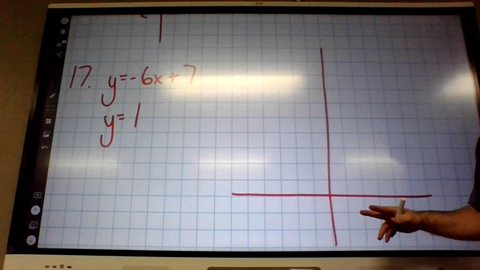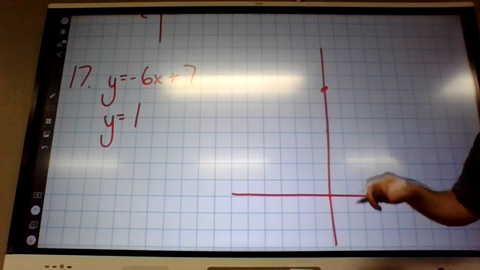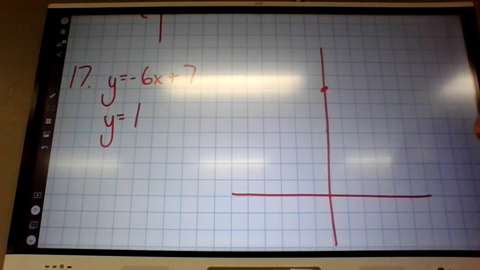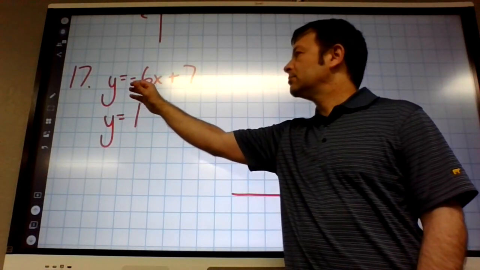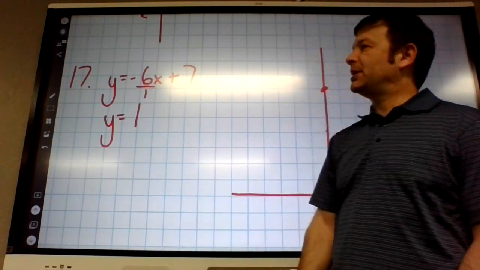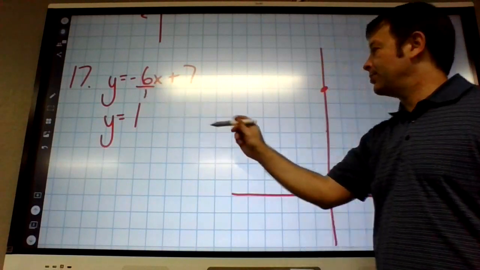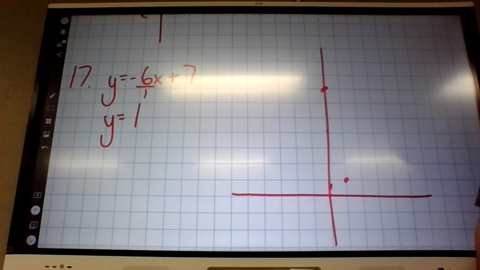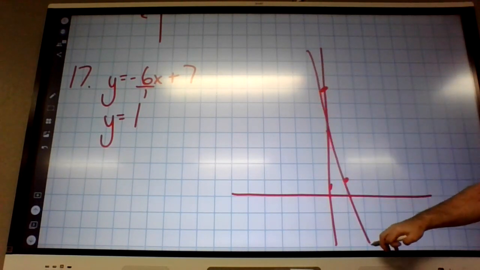That will help you get up to 7 easier. 1, 2, 3, 4, 5, 6, 7. And then where am I going to go from there? Down 6, right 1. Negative 6 is the same thing as negative 6 over 1. So we're going to rise negative 6, run 1. Okay, I could do a third dot, but it's not going to really matter on this one.